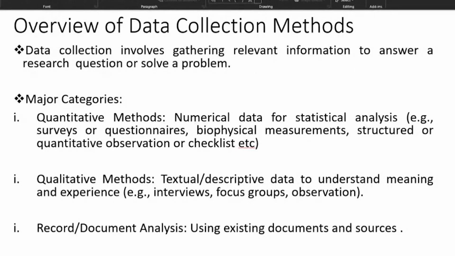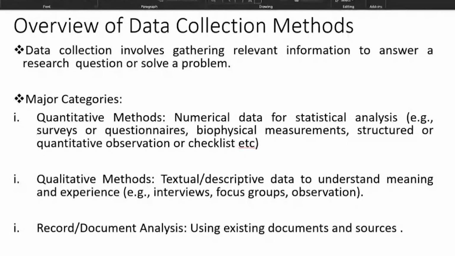All right, overview of data collection methods. Data collection involves gathering relevant information to answer a research question or solve a problem. Look at the words relevant information. That implies that there is information that is not relevant.